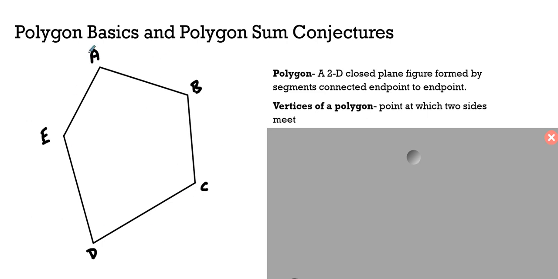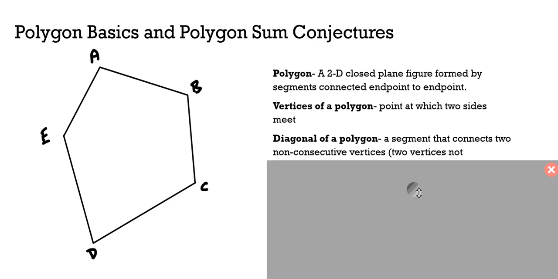You can do it alphabetically here, starting at A. You can go backwards in reverse alphabetical order. What you can't do is name this one ACEBD. That wouldn't work. You have to go either clockwise or counterclockwise to name the polygon. But you name them using the vertices, not unlike we did with triangles. Triangles are polygons, so it should stand to reason.